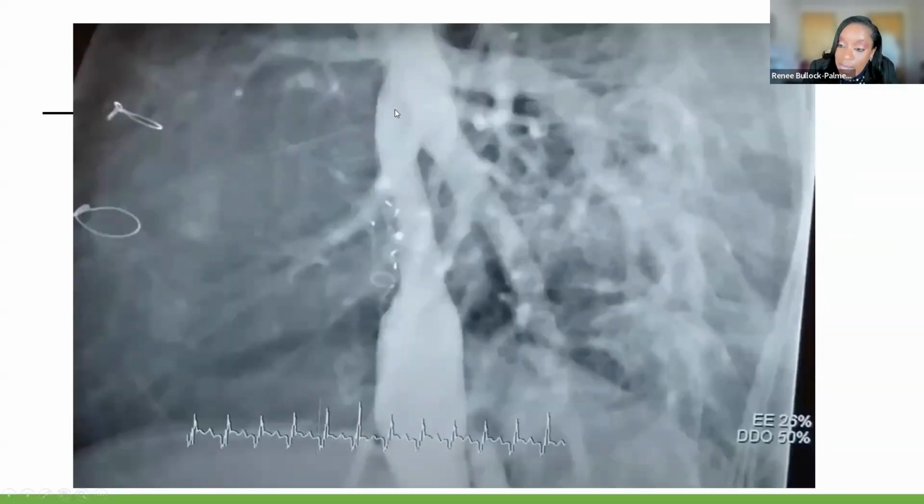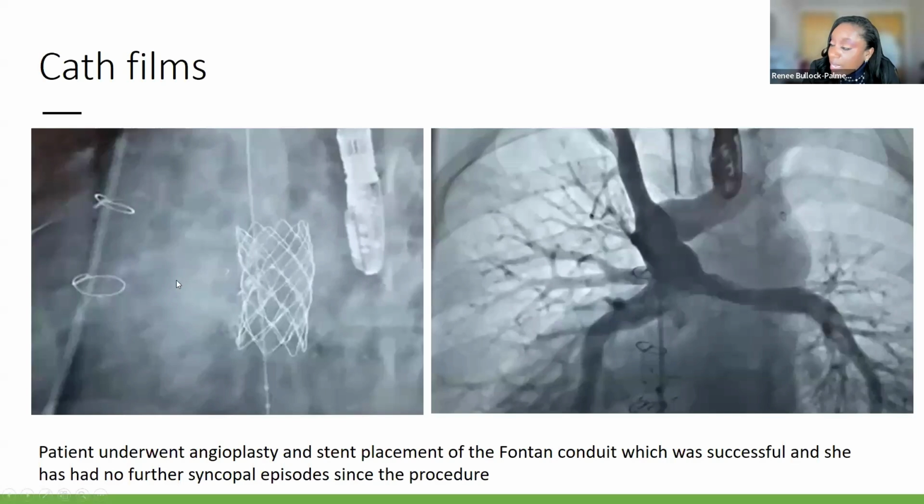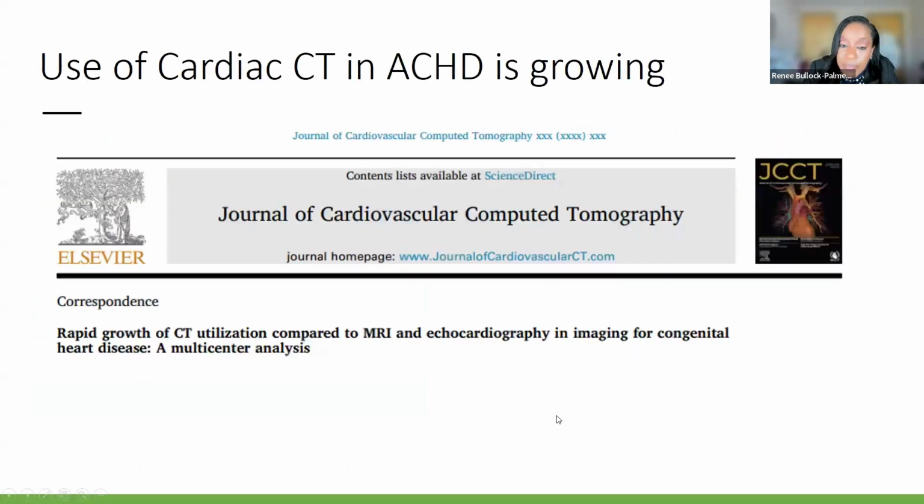And this is just the angiogram that showed that she had that conduit, the Fontan that was thrombosed, and then she had to have it stented. And this is a post-stent angiogram, which showed improvement and no further episodes of syncope.